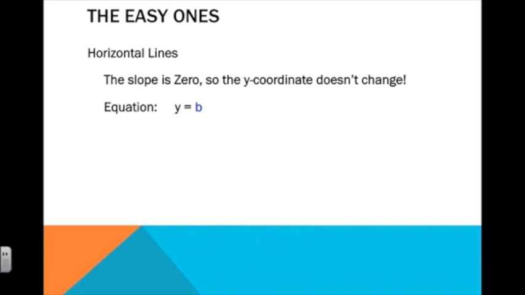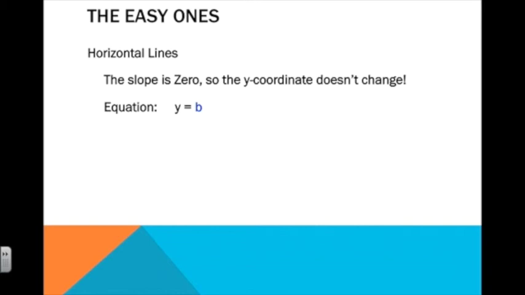And in this case, because the slope is 0, the y-coordinate is not changing. So since the y-coordinate doesn't change, we don't care what the x-coordinate is in our equation. So our equation can just be y equals whatever that y-coordinate is. And I used b because in this case it will actually be our y-intercept.